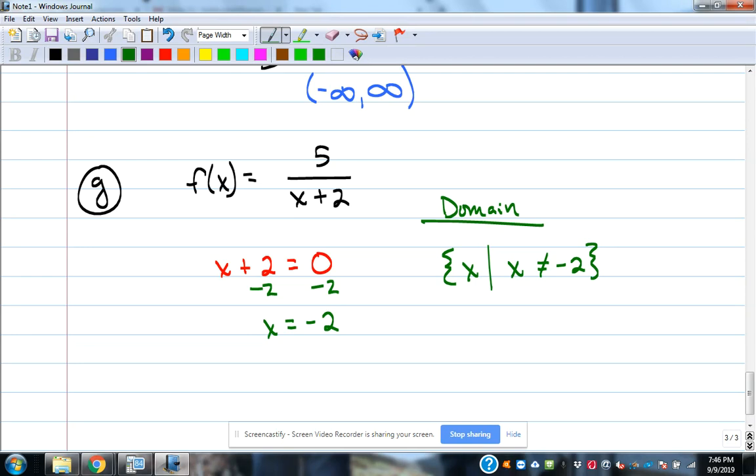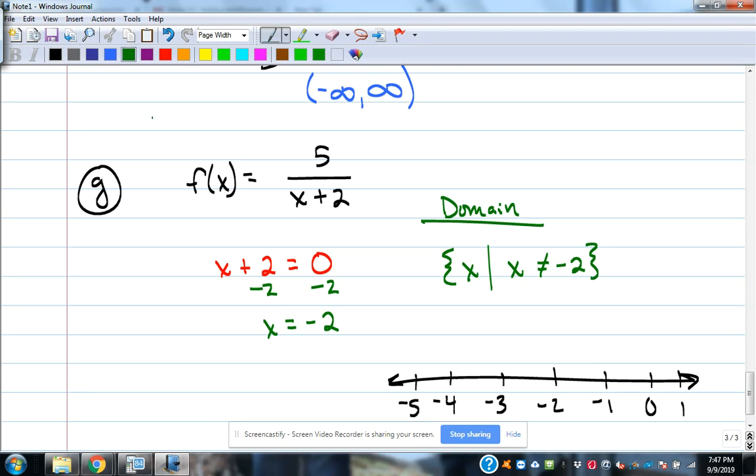In interval notation, let's look at the number line, because I think this helps you understand the interval notation. If the answer cannot be negative 2, on a number line, what goes above the negative 2? An open circle, right?